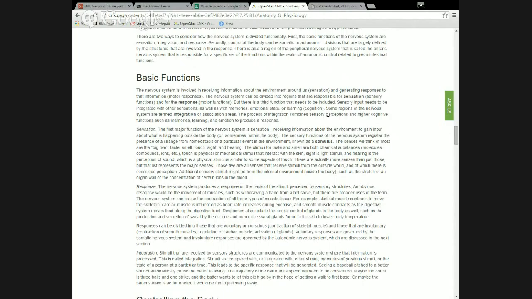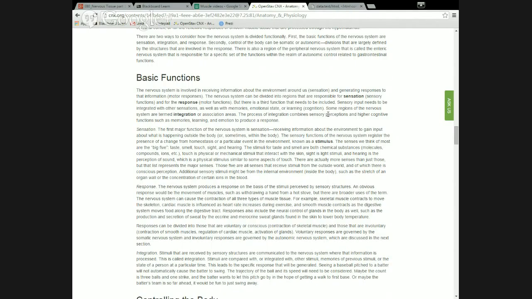Or the skeleton gives us support, gives us protection around body cavities, and is the basis of the joints for movement. There are functions for each system. The basic functions for the nervous system fall into sort of three groups.